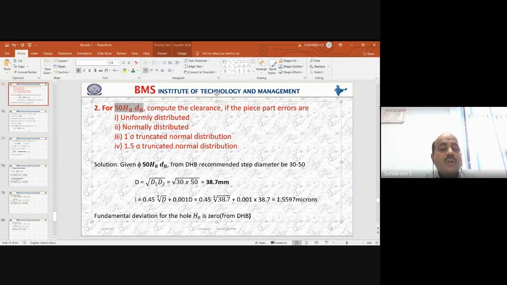In this case, we are showing 50 H8D8. It is a type of fit for which compute the clearance if the pin and spot errors are uniformly distributed, normally distributed, 1 sigma truncated distribution and 1.5 sigma truncated distribution. Of course, this part is for the later part.